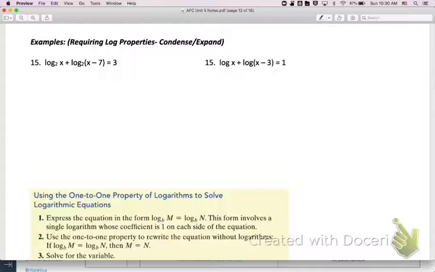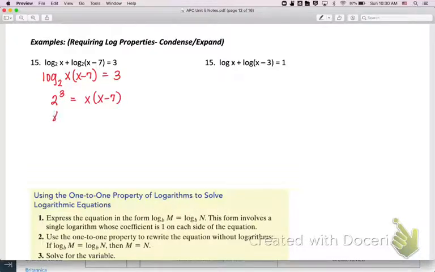First, we have to condense this, and addition condenses to become one log with multiplication inside. So we get the log base 2 of x times x minus 7 equal to 3. And so when we rewrite this in its exponential form, now we have 2 to the third is equal to x times x minus 7.